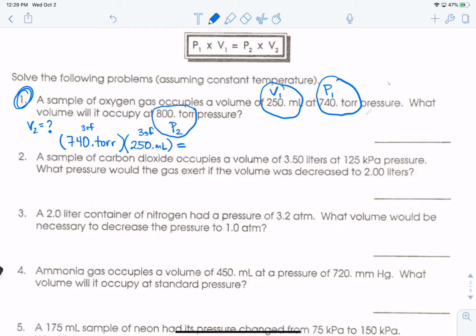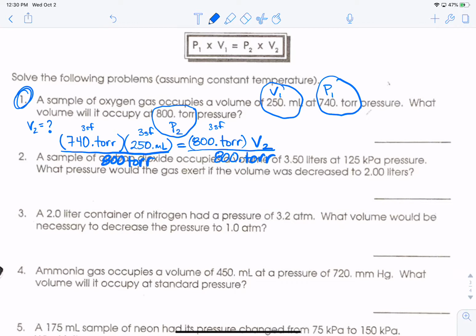And then our P2 is 800 torr. Happens to have 3 sig figs here because of all these decimals, times V2. So I simply will do like I did before. I'm going to divide both sides. Sorry, it's running into the problem below. 800 torr. I'm going to divide by 800 torr.